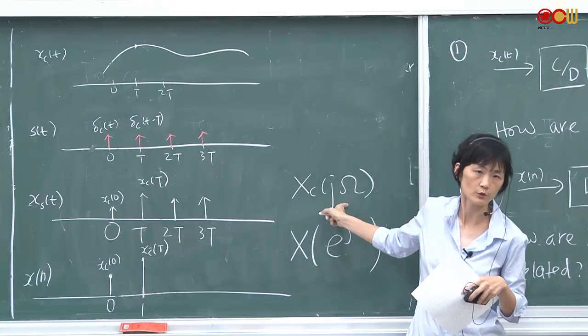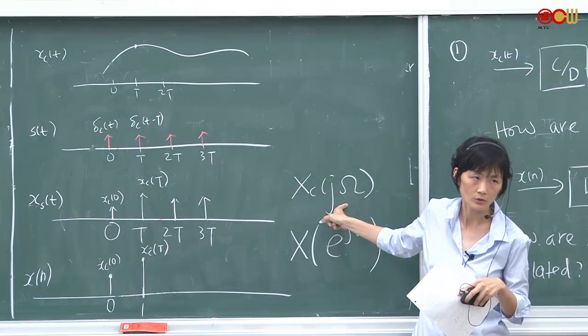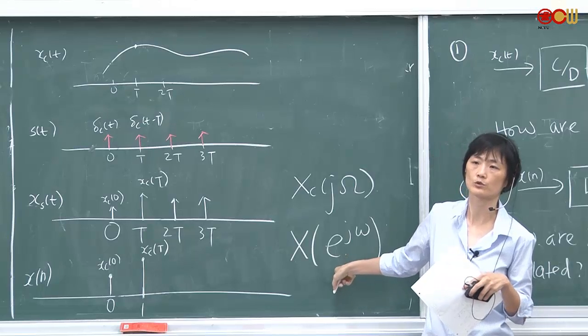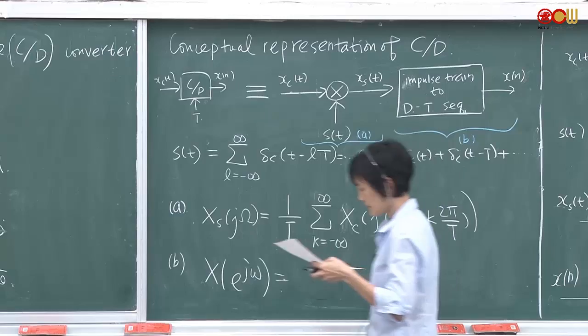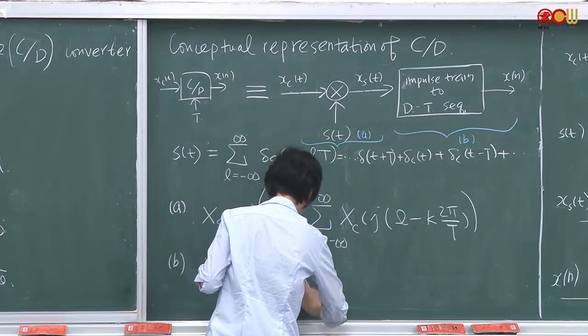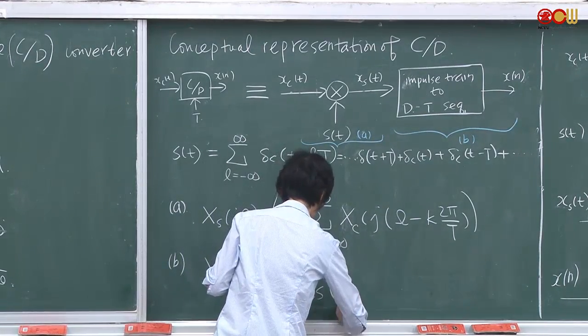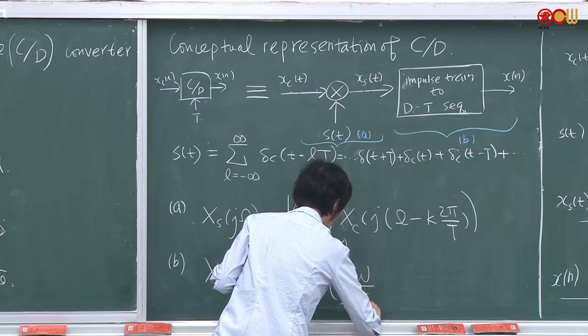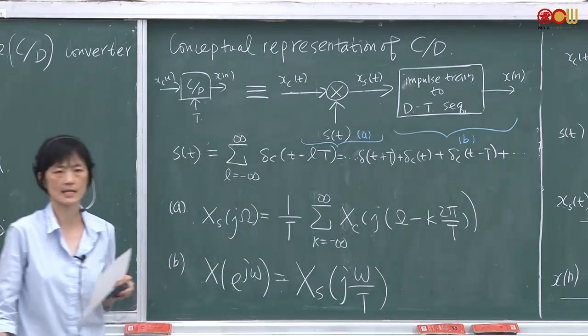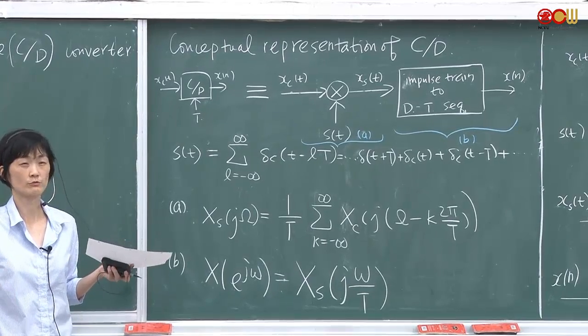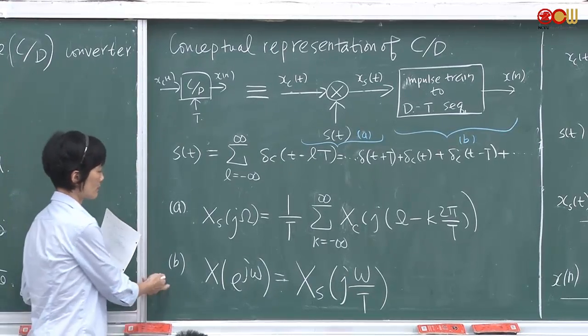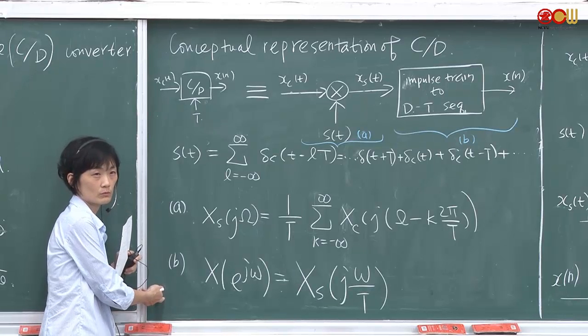This is the Fourier transform for the continuous time signal, and this is the Fourier transform for the discrete time signal. X(e^{jω}) is related to X_s like so, jω over T. So just a change of variable.